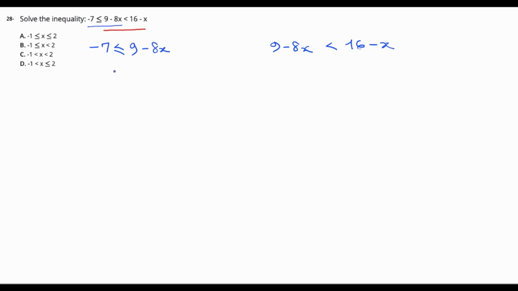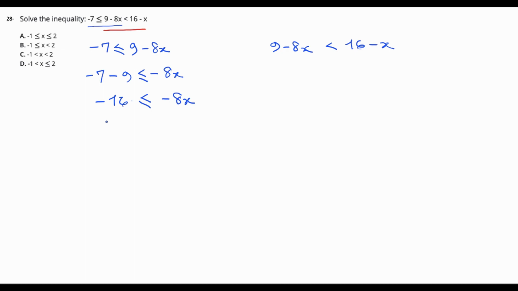So the first part of the equation says minus 7 is less than or equal to 9 minus 8x. If we collect like terms and leave minus 8x alone on this side, we send 9 over to this side, making this minus 9. So we have minus 7 minus 9 less than or equal to minus 8x. So minus 7 minus 9 becomes minus 16, minus 16 less than or equal to minus 8x.